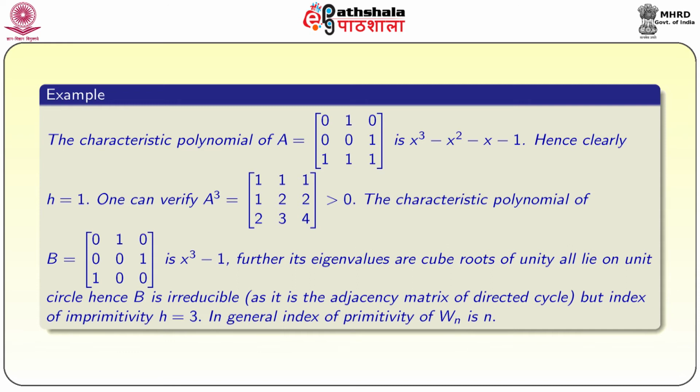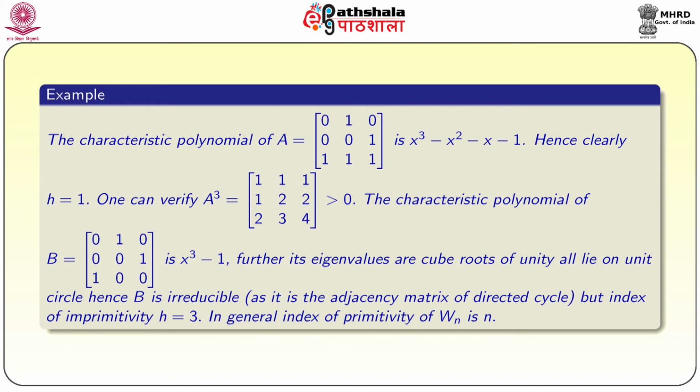The characteristic polynomial of the following matrix B is x cube minus 1. Further, its eigenvalues are the cube roots of unity, all lying on the unit circle. Hence, B is irreducible as B is an adjacency matrix of a directed cycle, but its index of imprimitivity is 3, which is greater than 1.